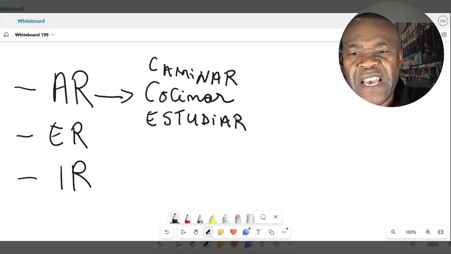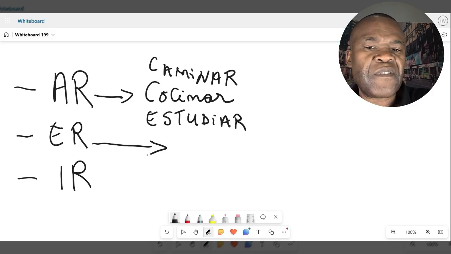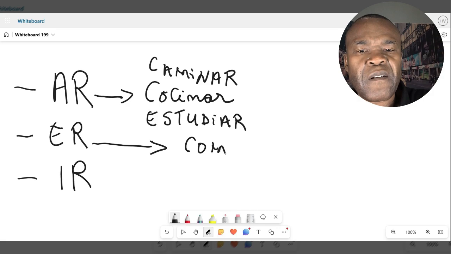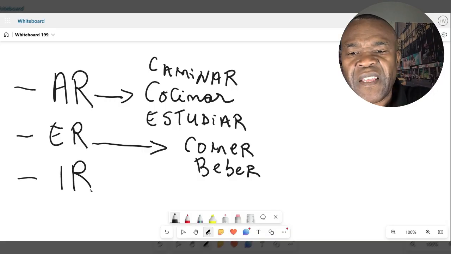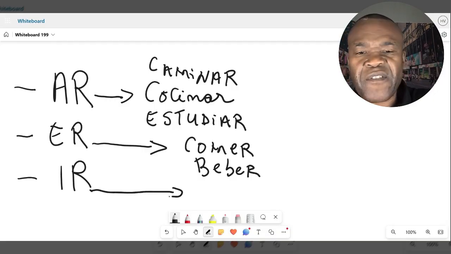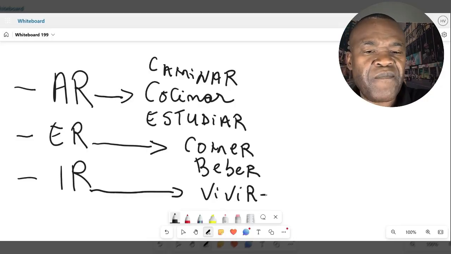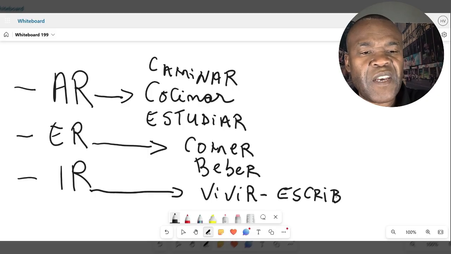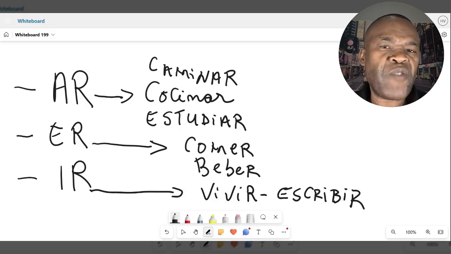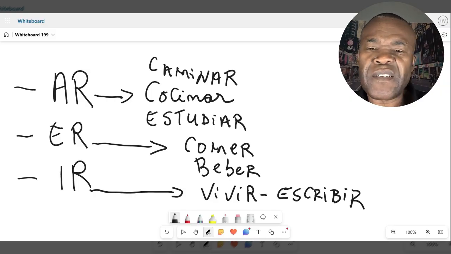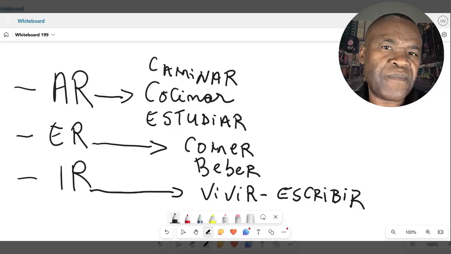Okay, then we have verbs in the ER family. Okay, like comer, beber, okay, aprender, etc., etc. The IR family, we have verbs like vivir, okay, escribir, etc., etc. Okay, now verbs will behave a certain way depending on the family it belongs to.